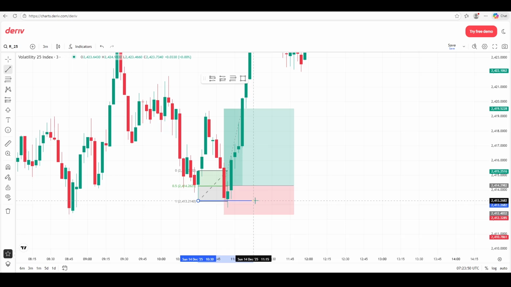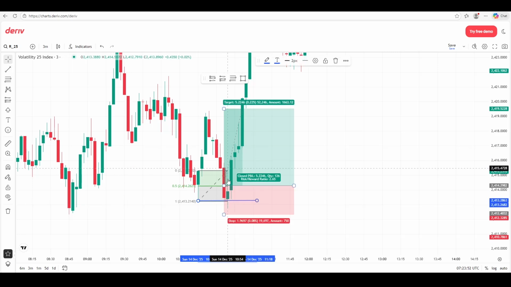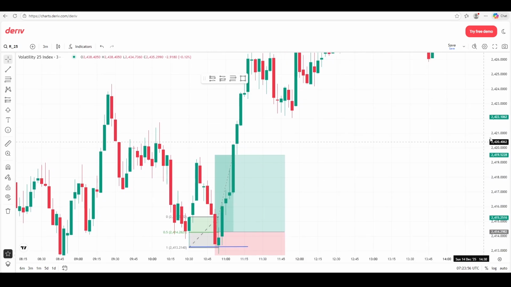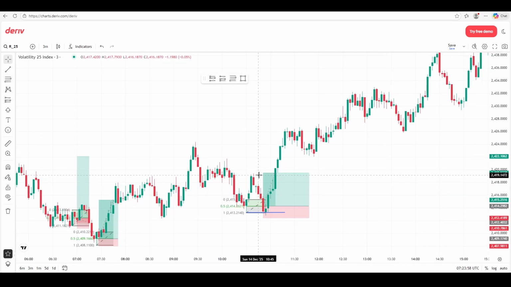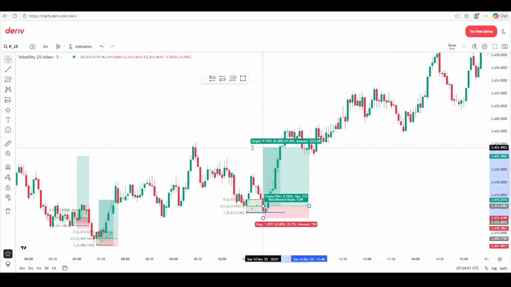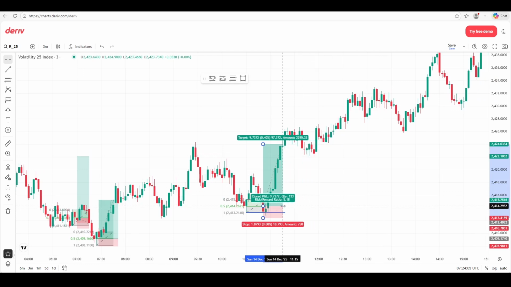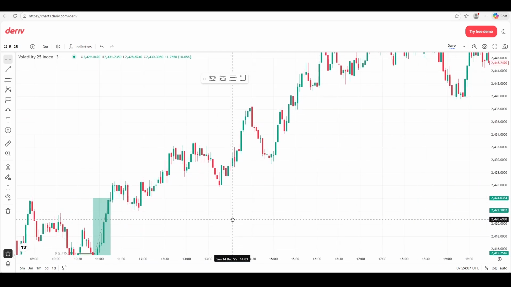There was no candle closure below this point, so you just hold this trade and see how it goes, and then you would have your risk to reward ratio of 5R, and there we have it. So another setup that was successful.